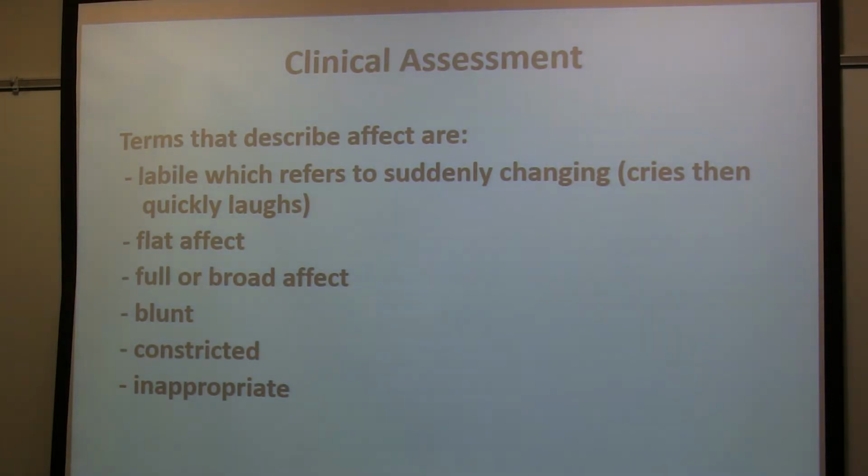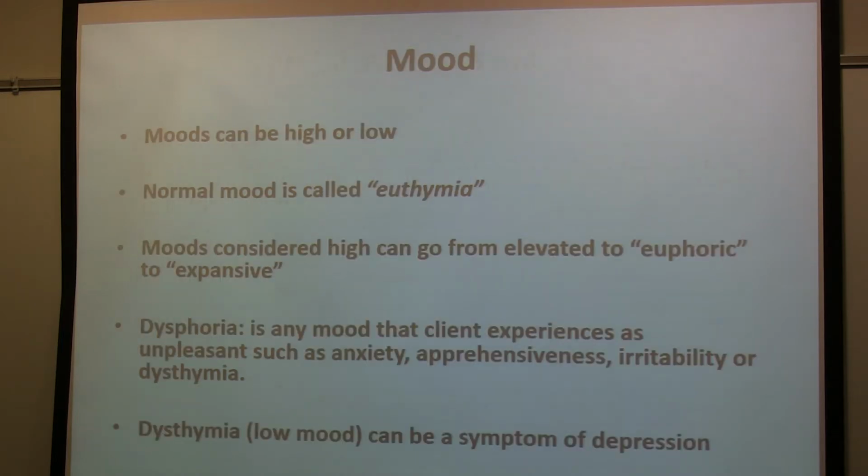And constricted is another one, and that is a very narrow or constricted affect. Full or broad affect. The person presents with a full range of emotions, and you observe that when you're observing their affect, or very inappropriate affect, are some of the terms that you can see describing moods.